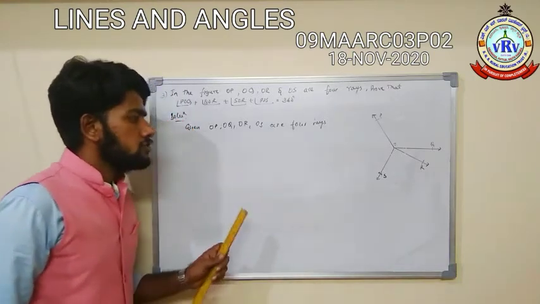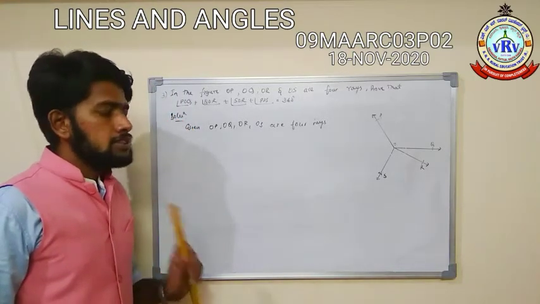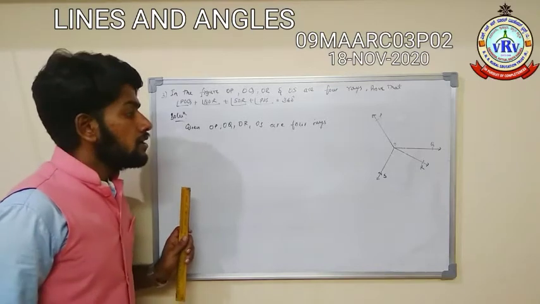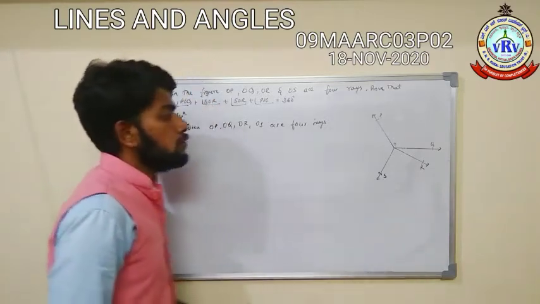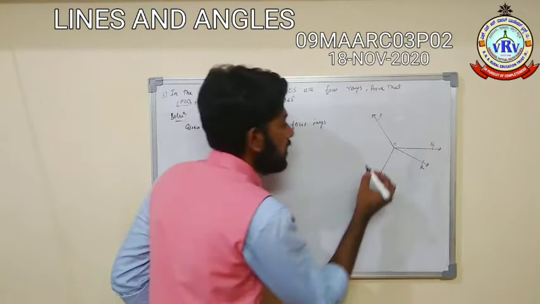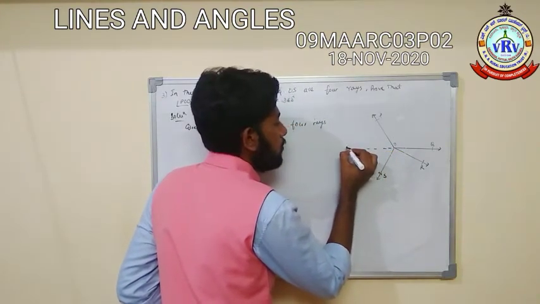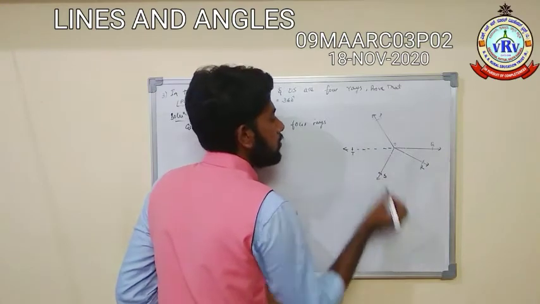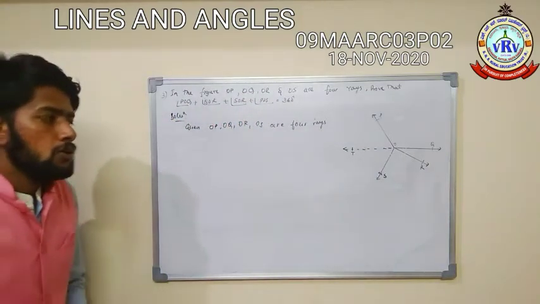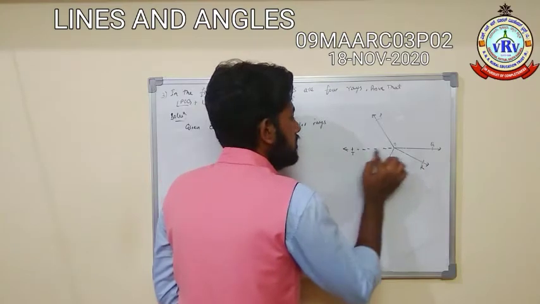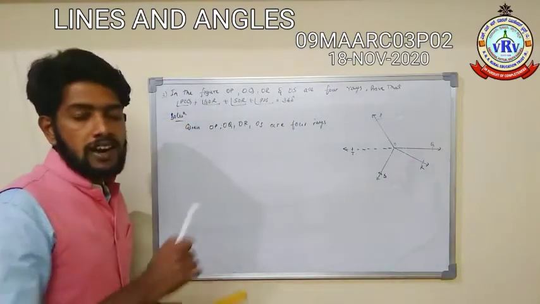Let me draw one line such that it is a straight line for the ray OQ. I will draw one more imaginary ray OT. That means TOQ becomes a straight line.